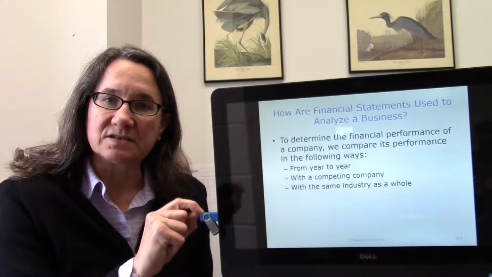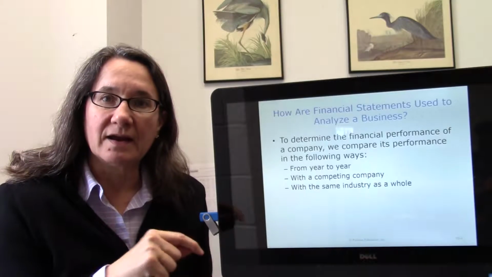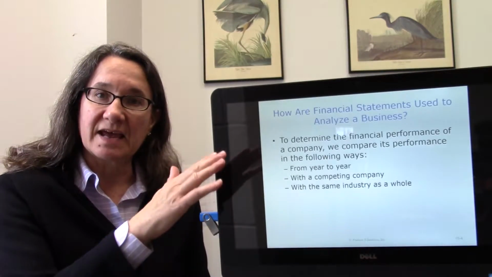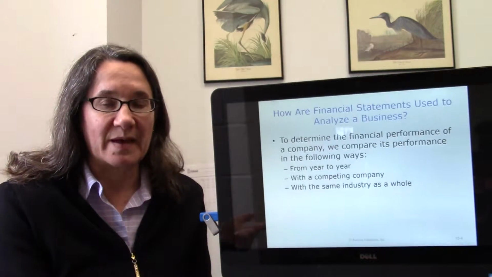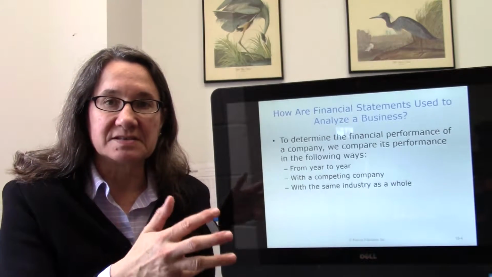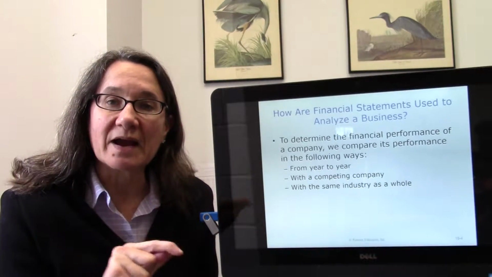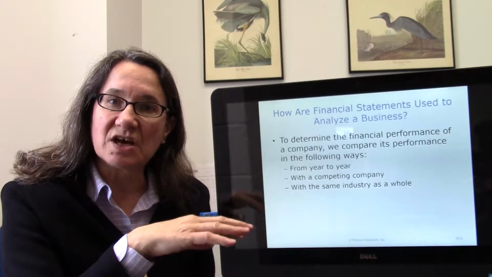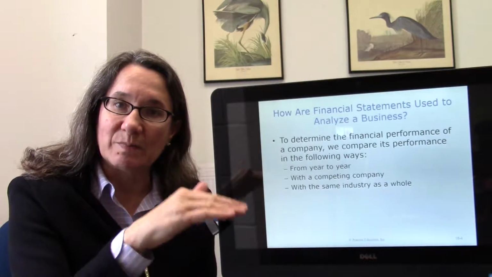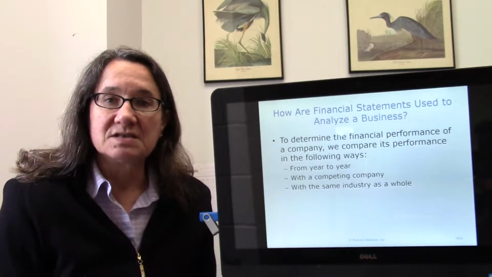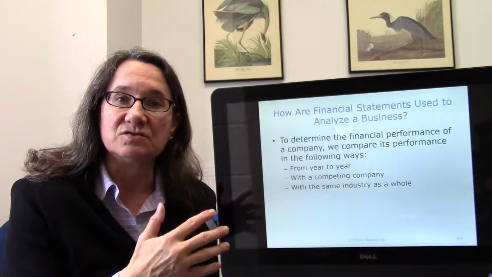We're taking the financial statements that we've learned how to prepare in this class, and we take that information from the income statement, the balance sheet, the statement of retained earnings, the cash flow statement, and we compare it to something. Sometimes it's just other years for the company, right? Are they doing better this year than last year? Sometimes it's another company or the industry.